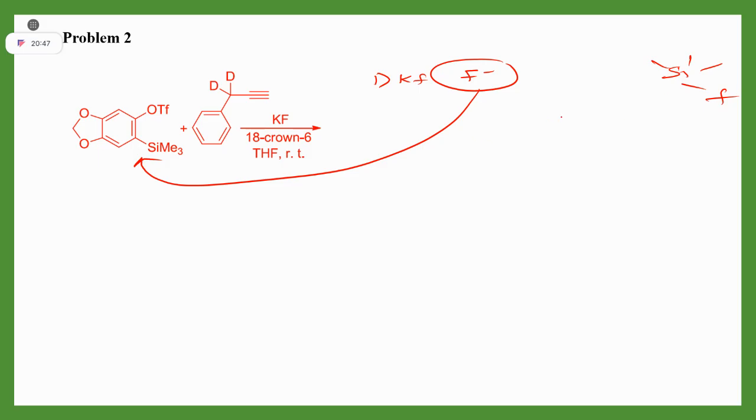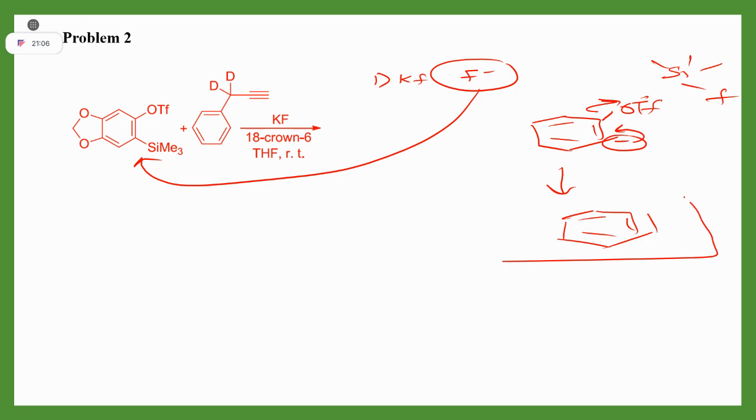And it will leave a negative charge onto your benzene ring. And we have a good leaving group. So, what intermediate will form? Benzyne. Yes or no? So, your enophile is ready. Now, you have this ene. Basically, you have to transfer one of the deuterium to this benzyne and your job is done.